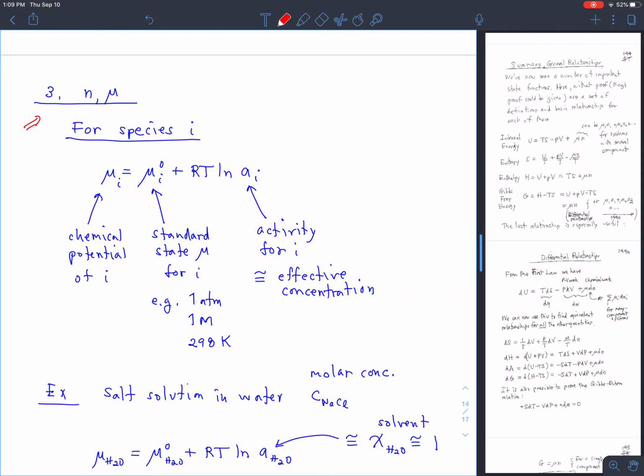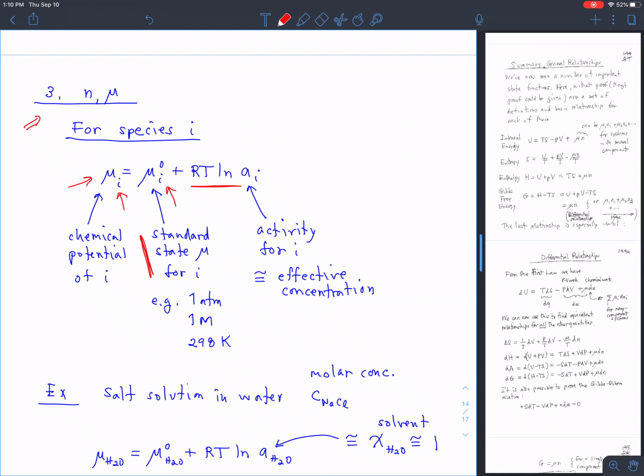Here's the equation of state. The chemical potential for a particular substance i, so for water or for methane or for protein, for any chemical species i, is a standard state chemical potential, and we'll talk much more about this in sections yet to come, plus a term that accounts, it turns out, for translational entropy changes that take place, say, during a chemical reaction or any other kind of chemical change.